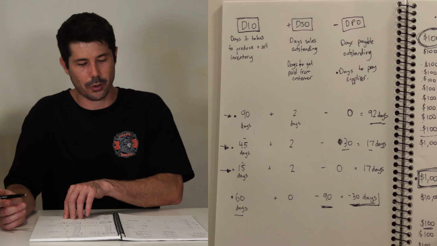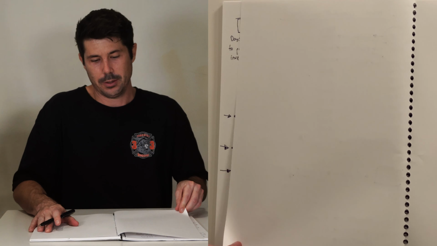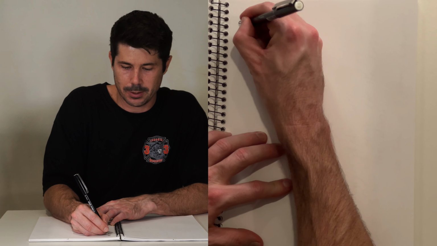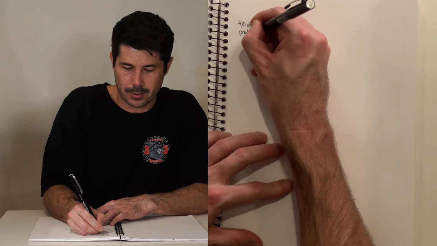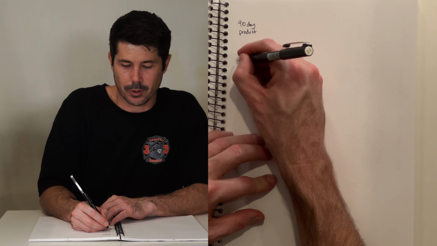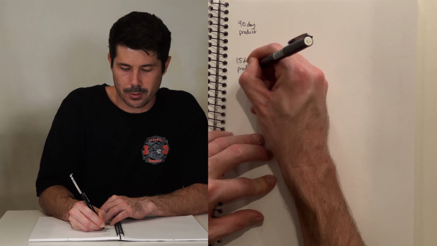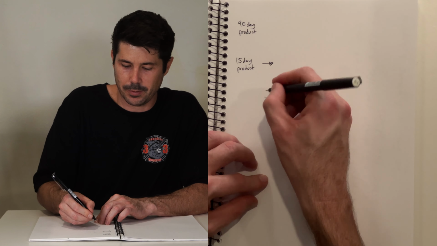And let me just show you in terms of net margins for this, right? So let's say we got the 90-day product. And then let's say we've got, let's just call it, 15-day product. I know it was 17, but let's say it was 15.